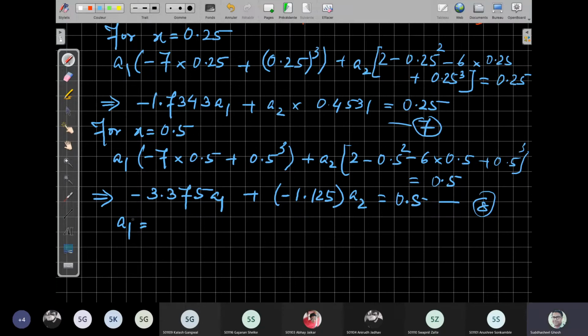So you have to solve 7 and 8 together. These 7 and 8 are the simultaneous equations.